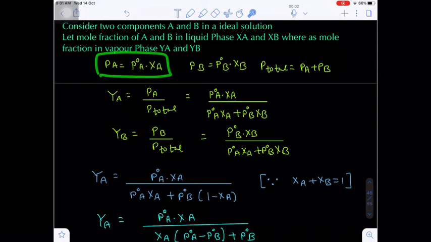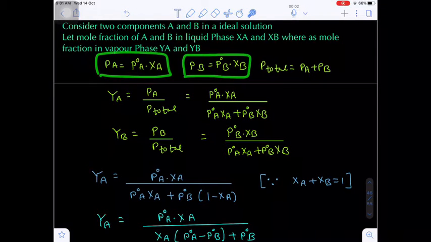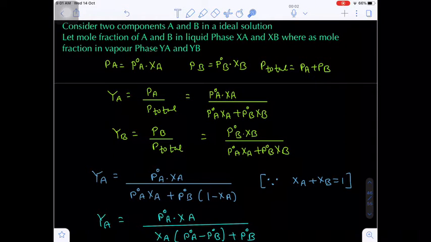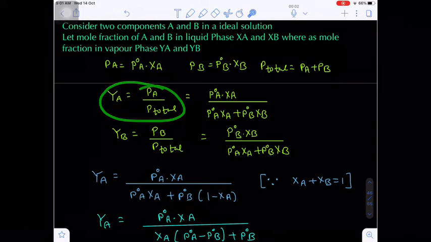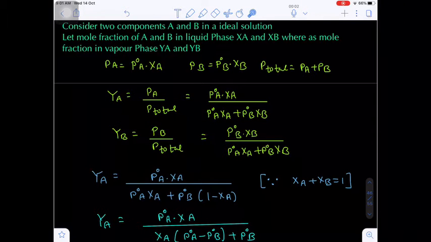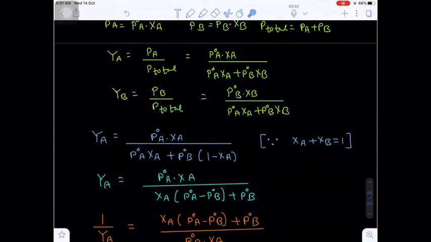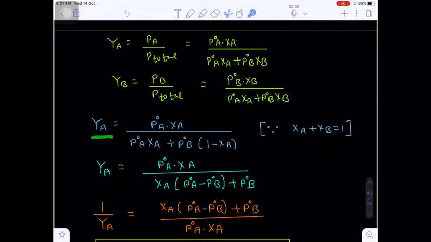Now we know from Raoult's law, Pa will be equal to P naught A Xa and Pb will be equal to P naught B Xb, and P total will be equal to Pa plus Pb. And according to Dalton's law, Ya is equal to Pa by P total, and Yb is equal to Pb by P total, where Pa will be P naught A Xa and Pb will be P naught B Xb. Are you getting my point?